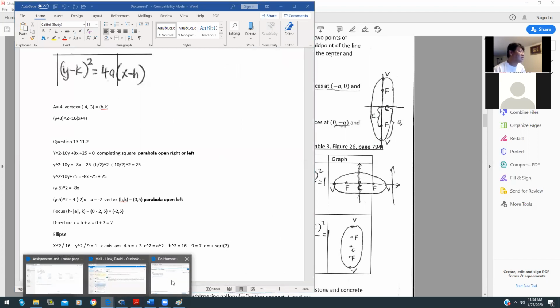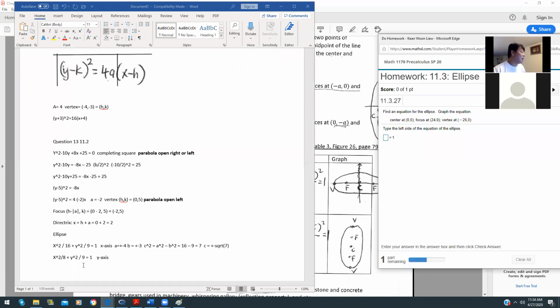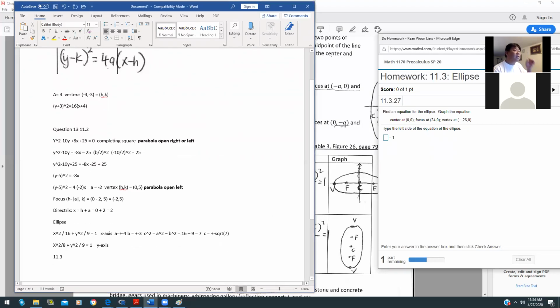This question is 11.3, what question is that? So we know this is going to be an ellipse with an x-axis parallel to the x-axis.